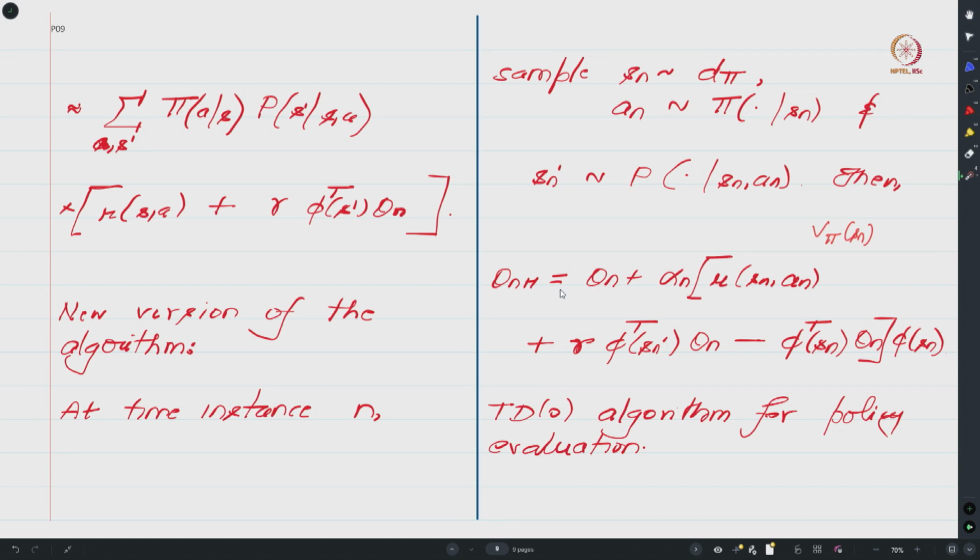Because of this approximation, one can show, and I will discuss this in the next class, that this update rule is no longer stochastic gradient descent. Instead one needs to view it as a stochastic approximation algorithm.